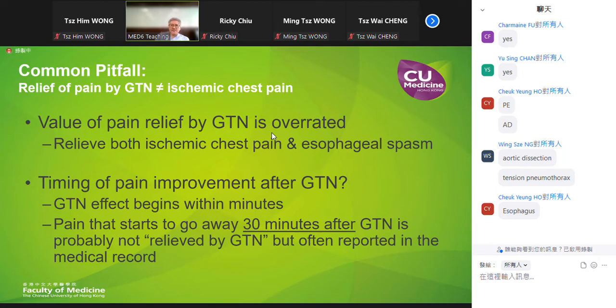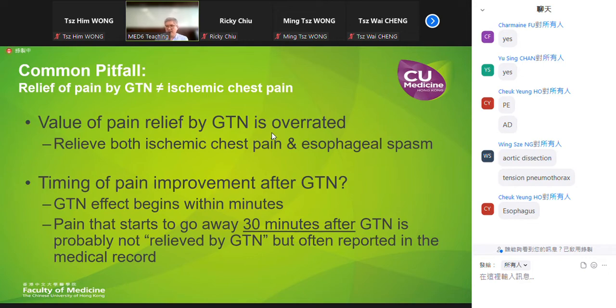Also, GTN can relieve both ischemic pain and esophageal spasm, so be mindful that GTN is not specific for ischemic chest pain. It's also very important to quantify how quickly the pain improves after the GTN. You put it under the tongue, and GTN should begin to take effect within minutes.